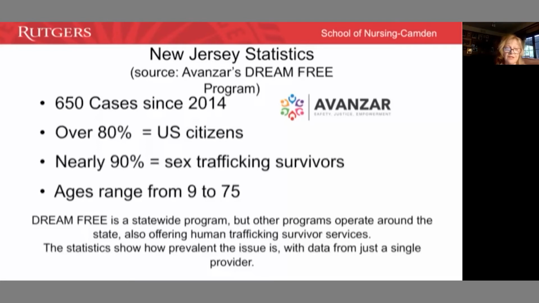This organization is a statewide program, but again, other programs operate around the state. But just to show you how prevalent the problem of human trafficking is in New Jersey, this small little group of Avanzar, Dream Free program has these frightening statistics.